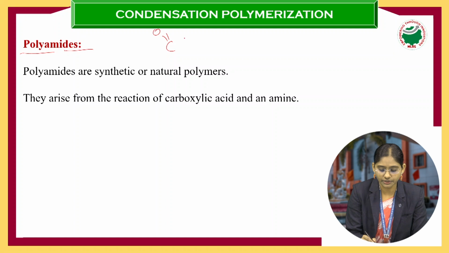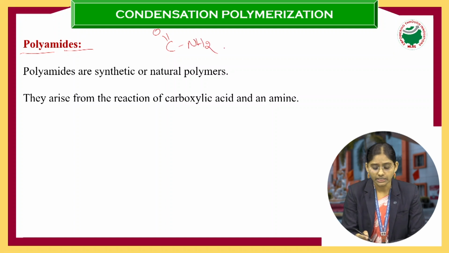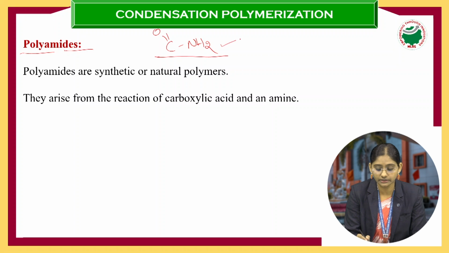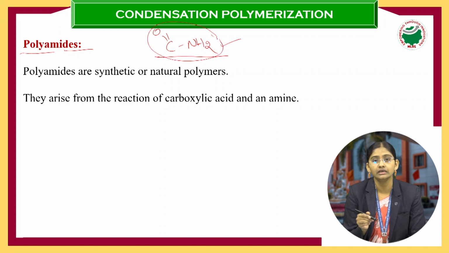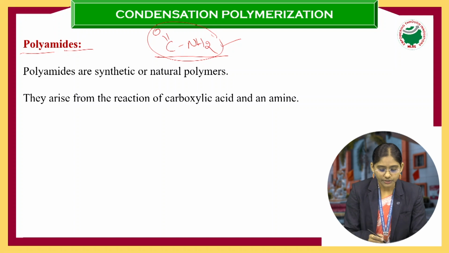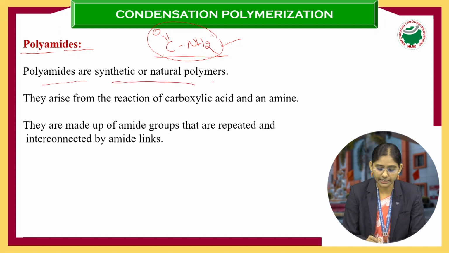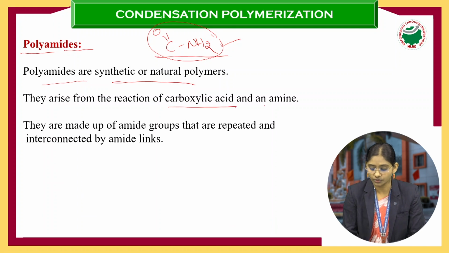It is the functional group CONH2. If CONH2 is there, this functional group is called an amide group. Clear? These polyamides are synthetic or natural polymers. How is the amide group formed? By the condensation reaction of the carboxylic acid and the amine.